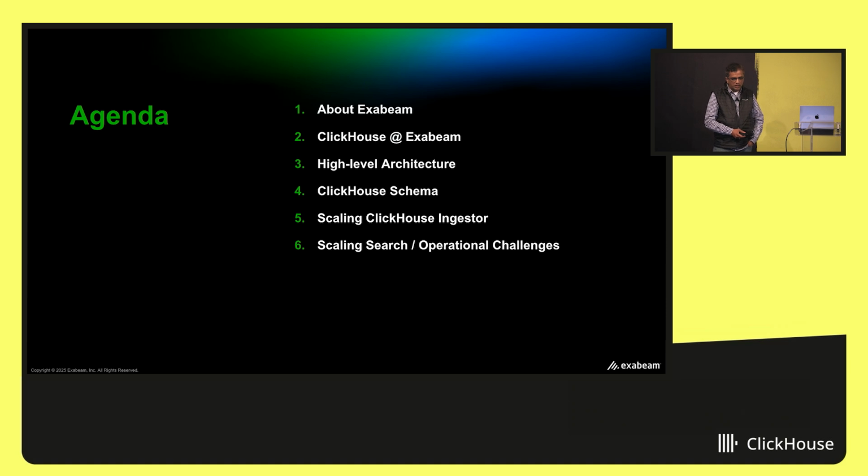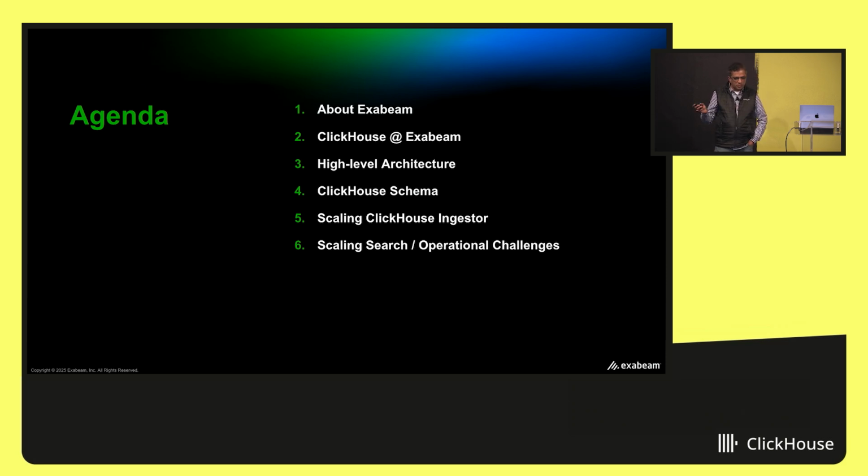So this is what we'll cover. I'll give an overview of the platform itself, which will help us understand why we need a real-time analytics database in cybersecurity. Then we'll do a deep dive into the scale metrics. We have this live in 10 global regions, and we'll share some metrics for ClickHouse instances.